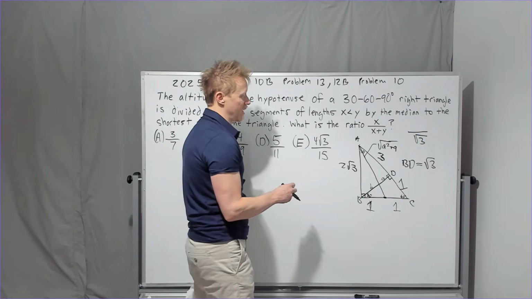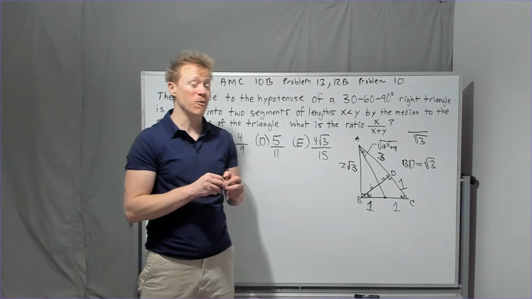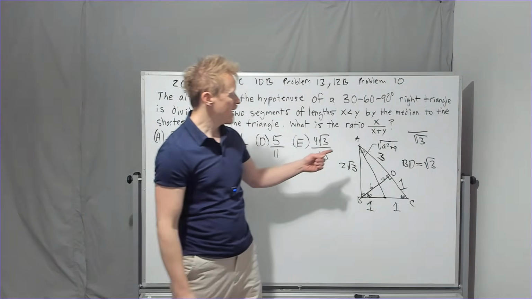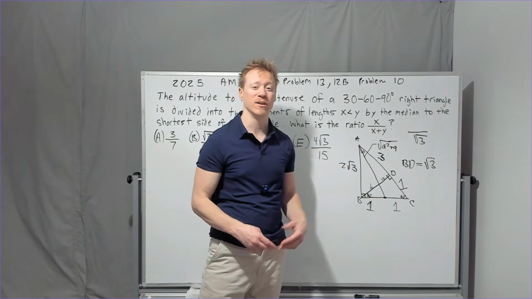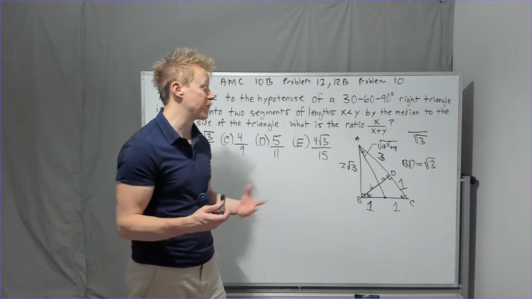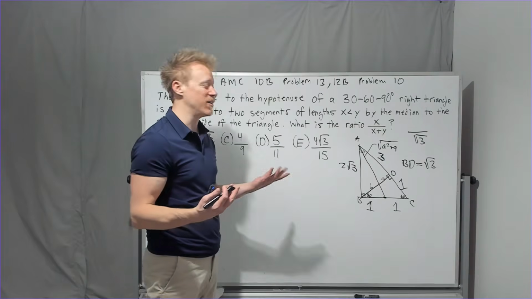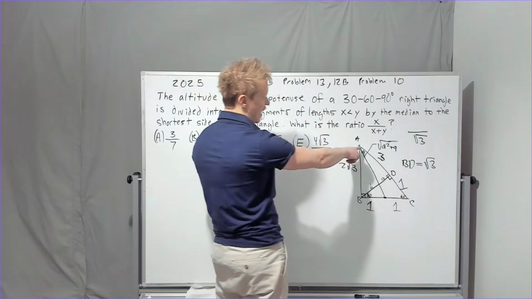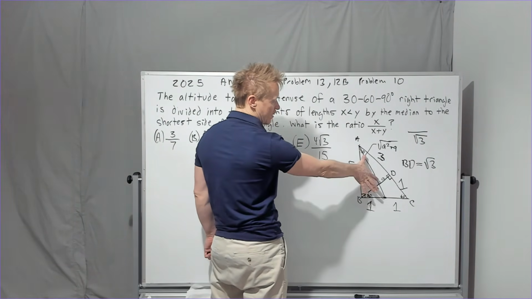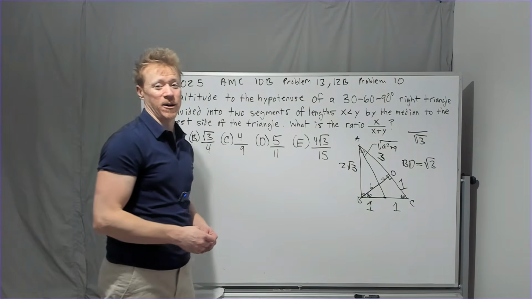And so you might have gone, and this is a great thought, by the way. There's nothing wrong with this thought. You might have said, I have a Cevian, or a Ceva-ian as they're probably called properly. I say Cevian all the time, but I'm sure that's not how you say it. Ceva, I think, is the way you say his name. But this line right here, you could use Stewart's theorem.